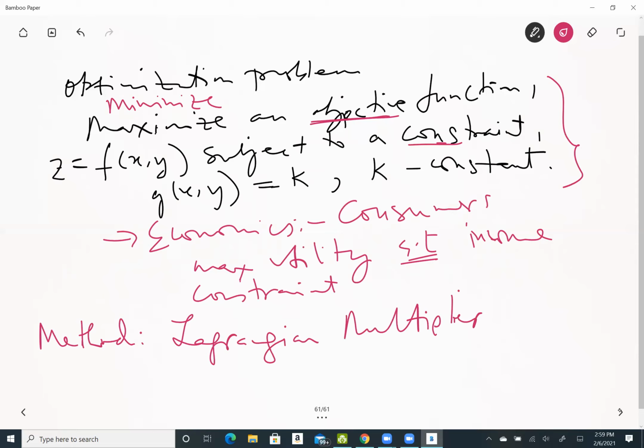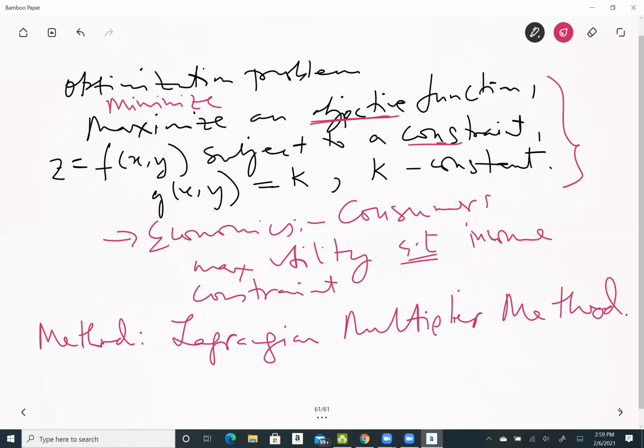There is a difference: the problem is the optimization problem, and the Lagrangian is the method to solve the problem.